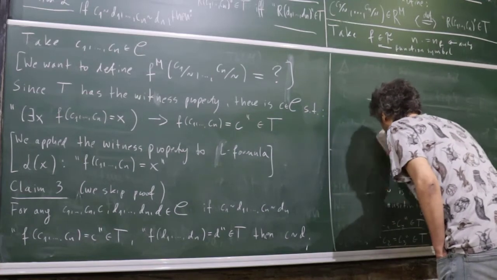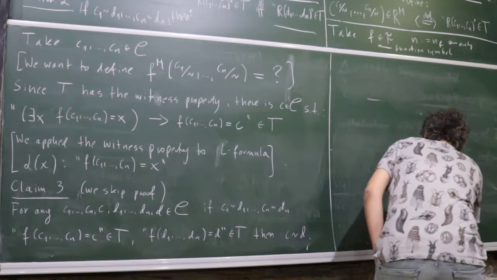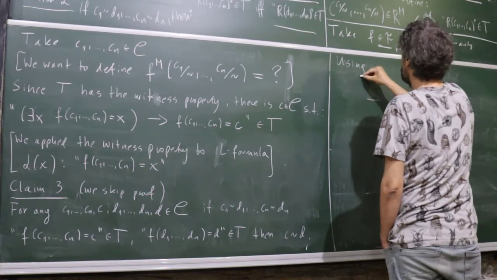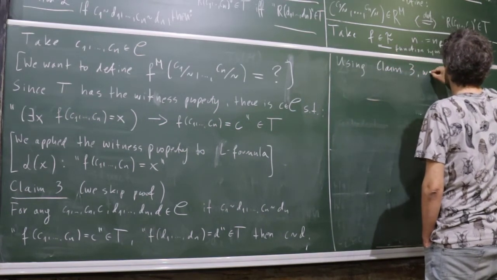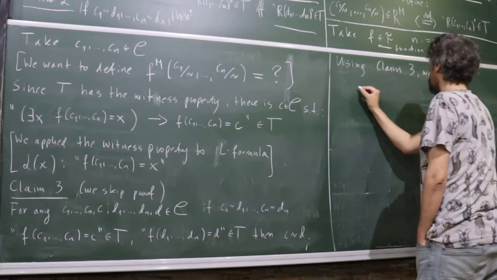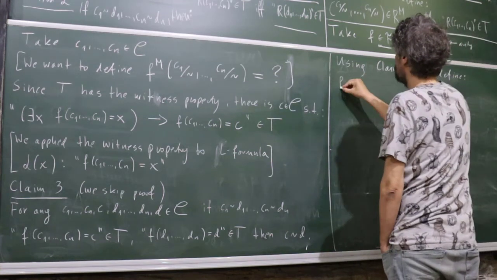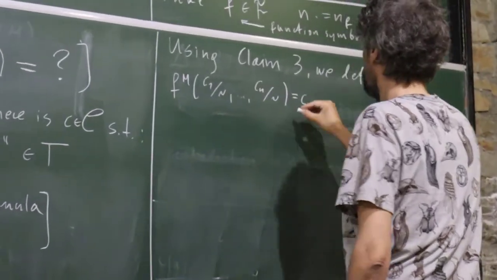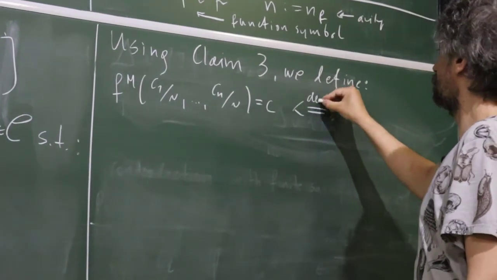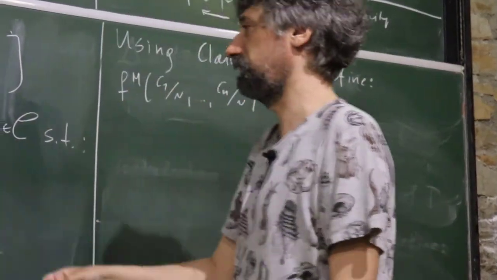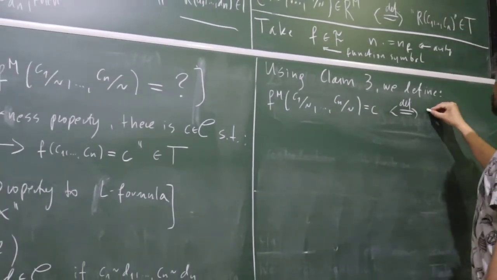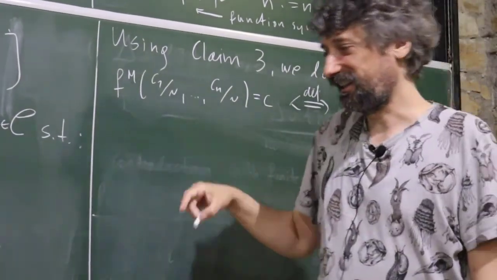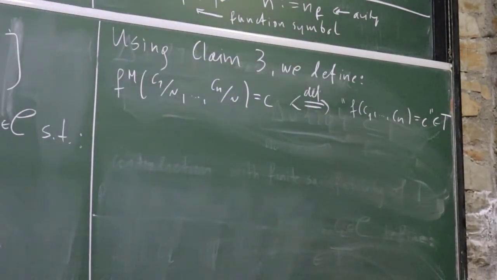So let me write the conclusion. We define the interpretation F^M equals C if and only if this formula is in T. By claim 3 it is well defined, but still such a C must exist.